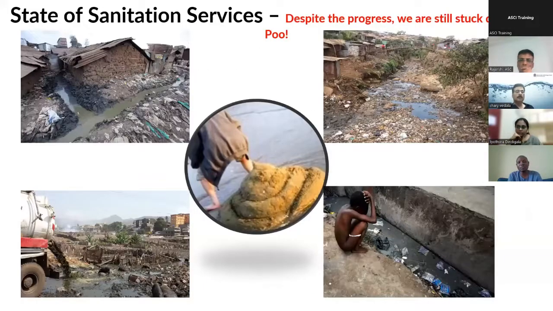Yeah, this progress is good, but I'm sorry to show this image, though I know you've seen this already, but we still have huge backlogs. A colleague from Bangladesh in the video talked about solid waste.